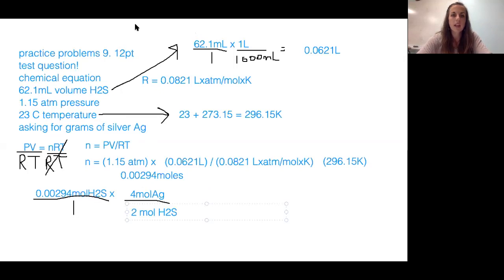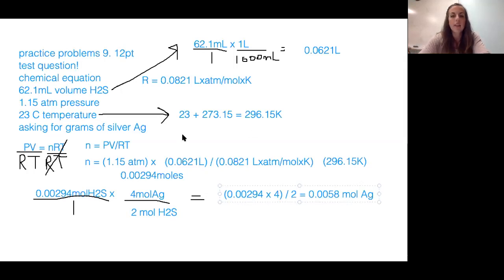Okay, so we're just going to put that in the calculator. 0.00294, let's do a parentheses, I apologize, times 4, close your parentheses, divided by 2. I'm not going to worry about the 1 because remember 1 doesn't affect anything. Once you put that in your calculator, you will get 0.0058 moles of Ag.